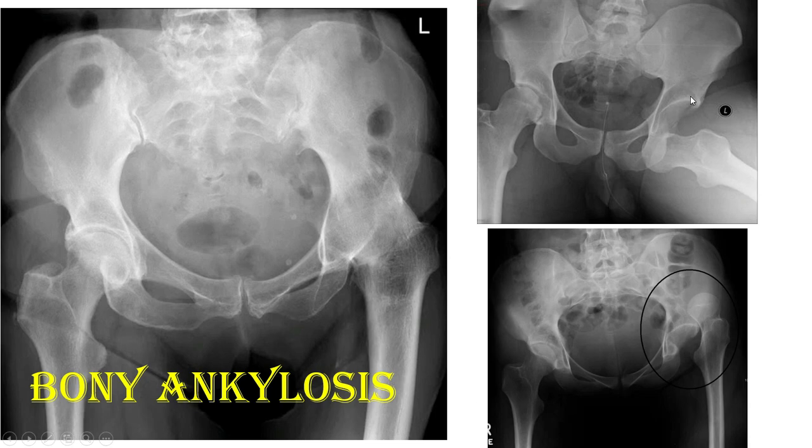If the femoral head is subluxated anteriorly to the obturator fossa, then it is called anterior dislocation of the hip. And if the femoral head is dislocated in the posterior part of the iliac bone, this is called posterior dislocation.